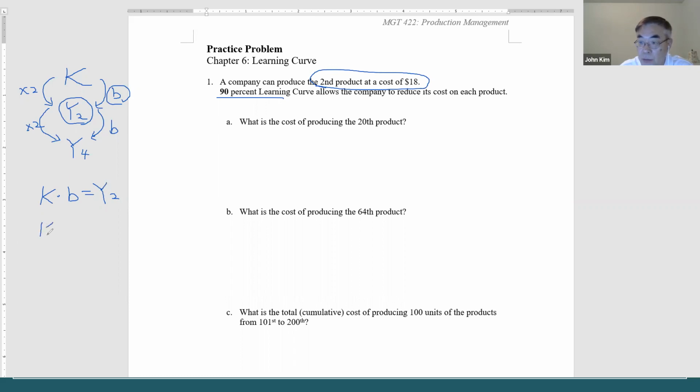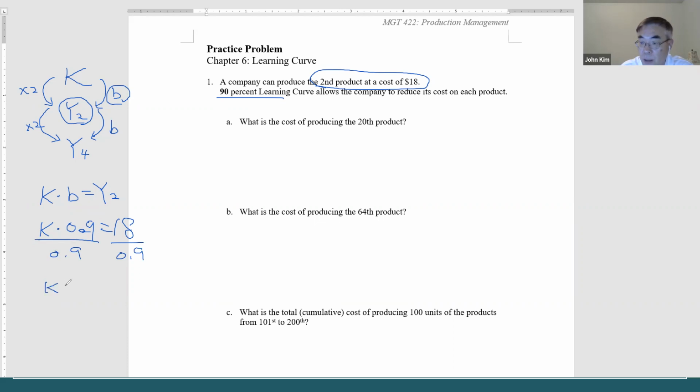So K times 0.9 equals, Y2 is 18. Okay, to get K, what should we do? Divide by 0.9 each side.